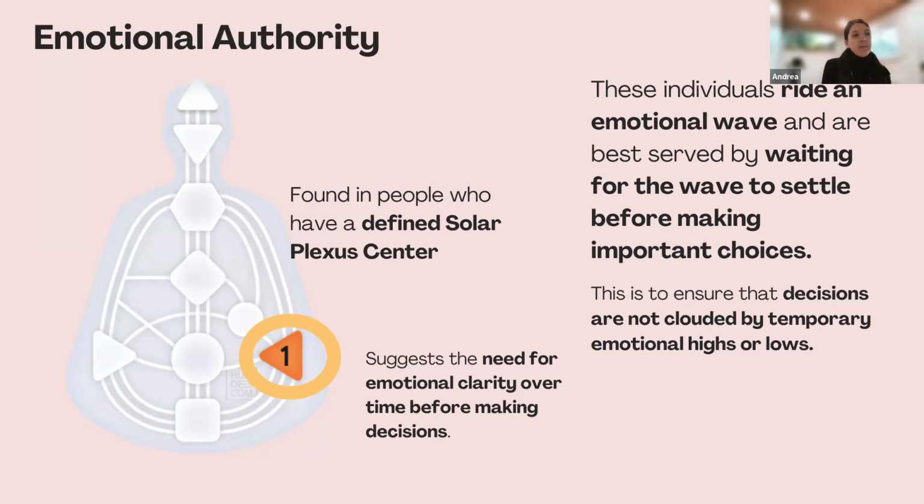If someone doesn't have that center, then they'll move on to the next available one, like it goes in an order. So if you have number 1, the solar plexus center defined, then you have emotional authority. If you don't have that filled in, but you have the next one on the list filled in, then you have that authority, which hopefully will make sense as I go along.